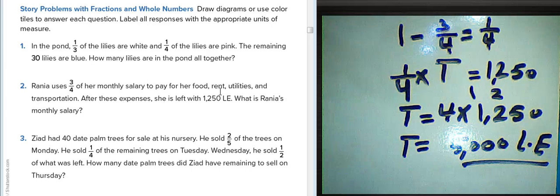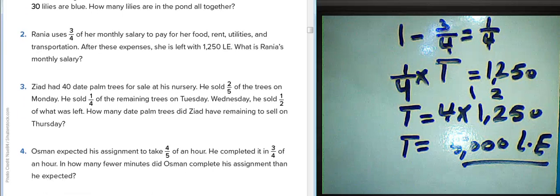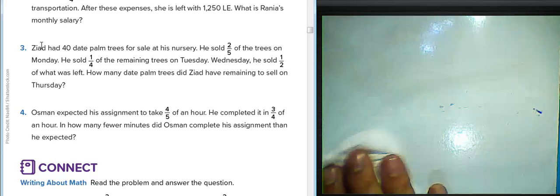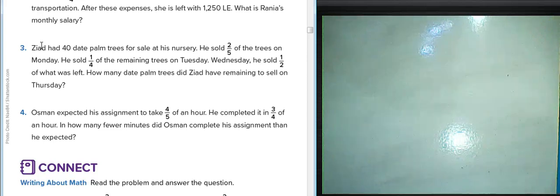Question number 3. Look at question 3. Ziad had 40 date palm trees. Look at it with me, pay attention. Ziad had 40 date palm trees for sale at his nursery.